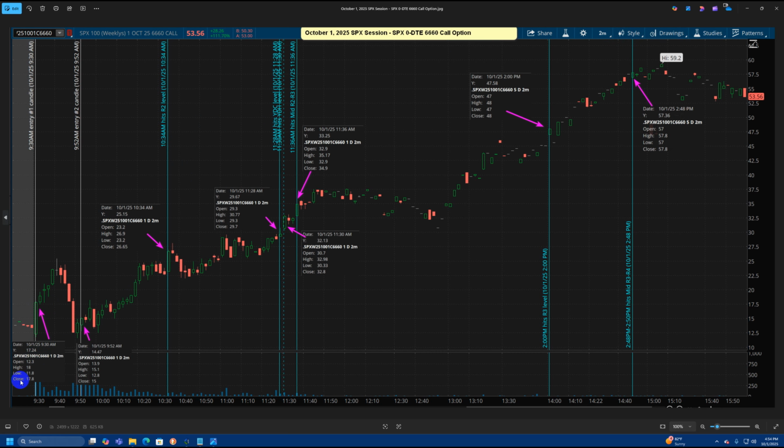Okay, as you can see here at 9:30, the close 17.80. And then you had entry number 2, which if you missed out on the 9:30 entry, or if you got stopped out, because remember we said if you use the tight stop loss, you got stopped out. However, if you use the standard stop loss, you did not get stopped out.